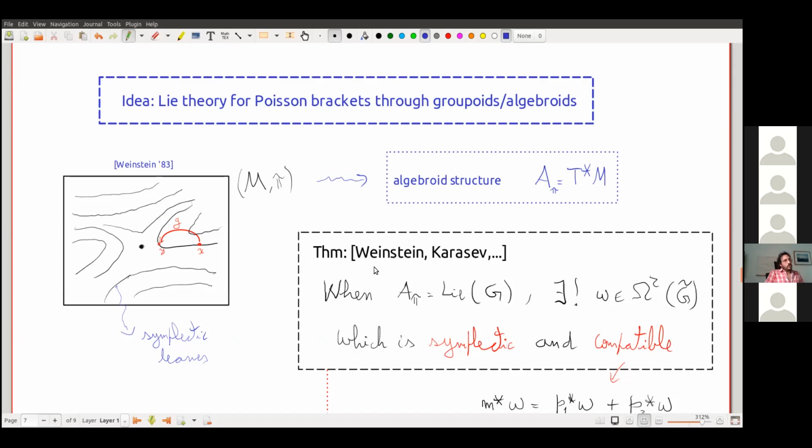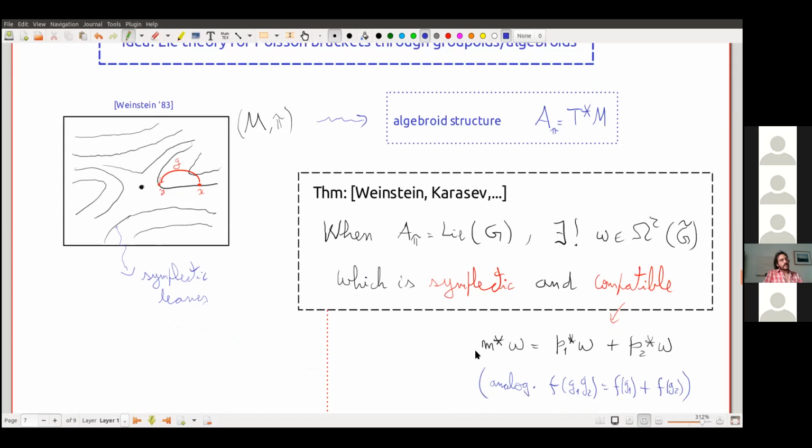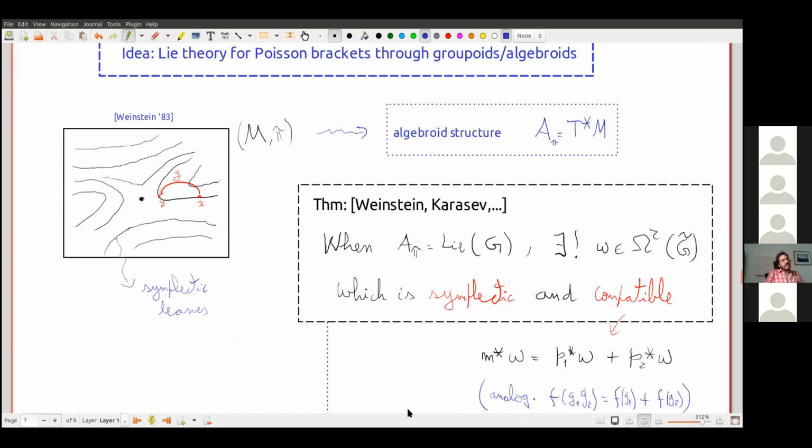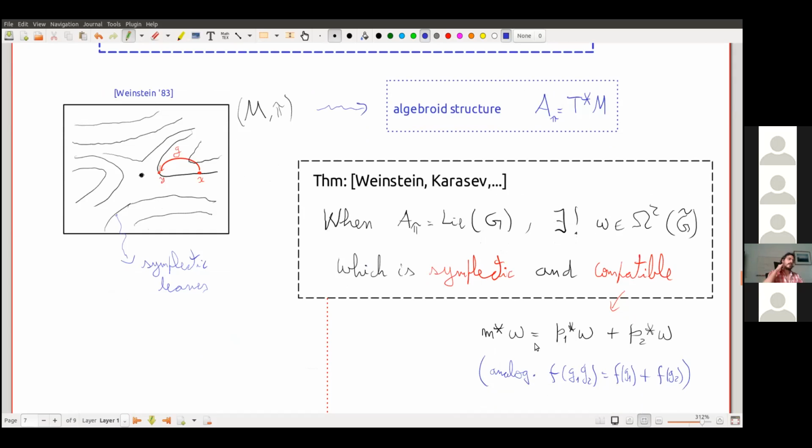And what I wanted to highlight here is that when it does, the simply connected integration is automatically symplectic. So the total space has a symplectic form, and the symplectic form is compatible with the groupoid structure in this way. This is a generalization of a cocycle condition for forms.